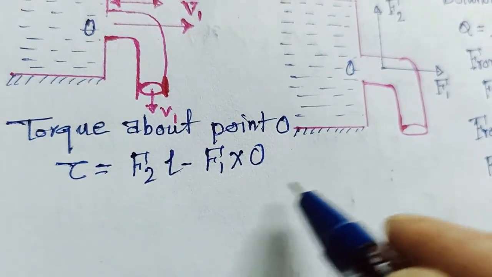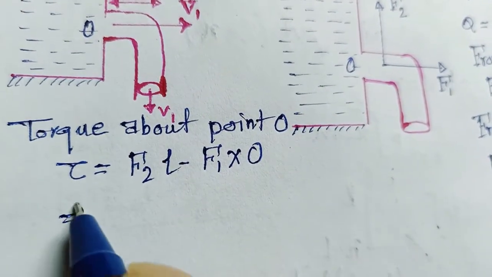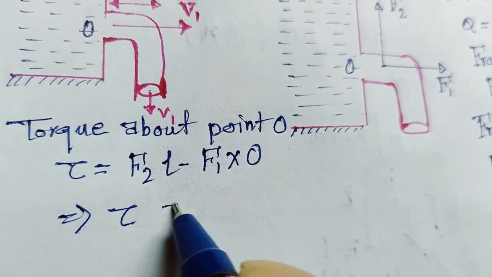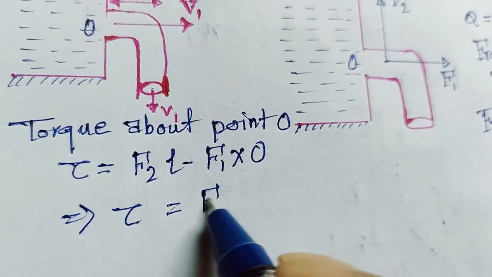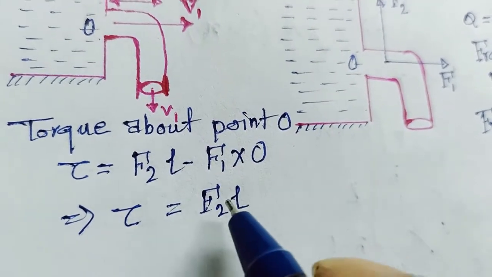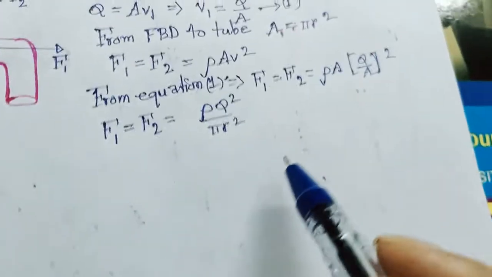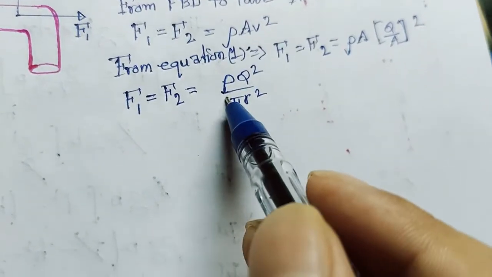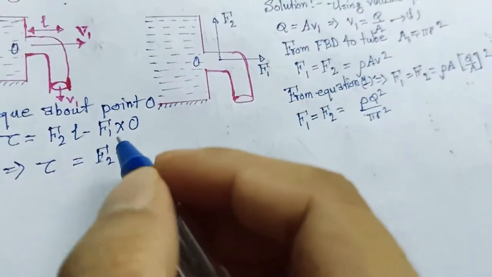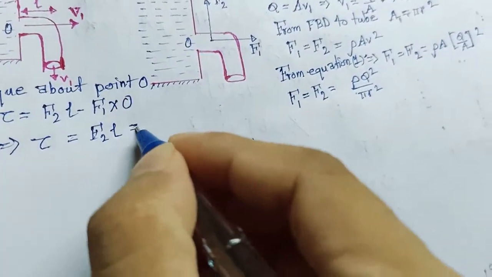So from this equation, we can find the torque is equal to F2 L. Now as the value of F2 is equal to rho Q square divided by pi r square, by substituting the value of F2 we can find the required torque.